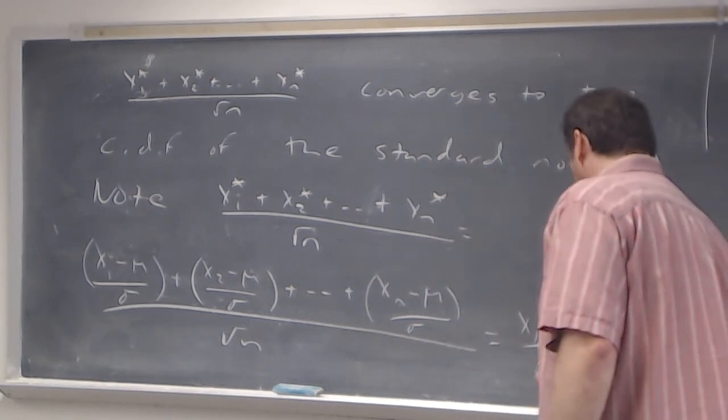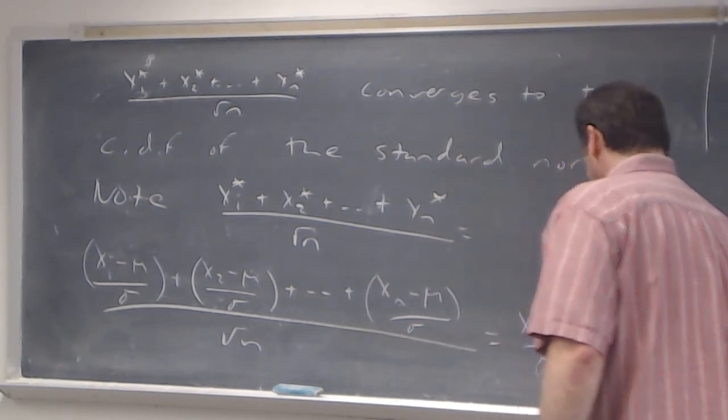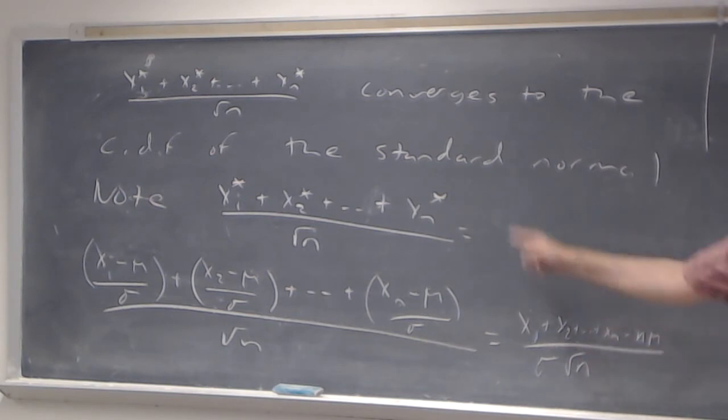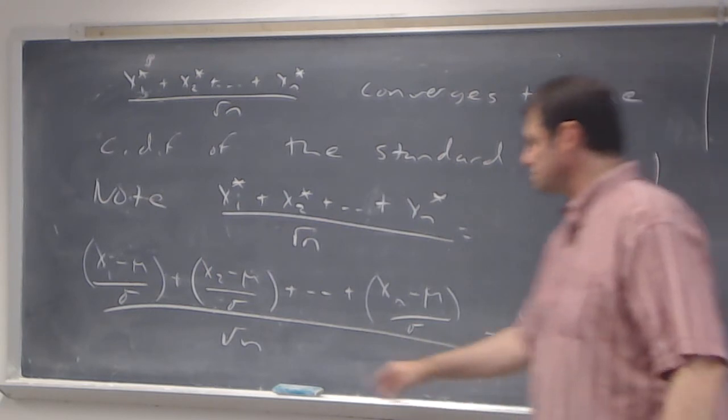The sigmas will be in the bottom times the square root of n. So the CDF of this, which is the same thing as the CDF of what's written here, converges to the standard normal. And that is the proof of the central limit theorem.